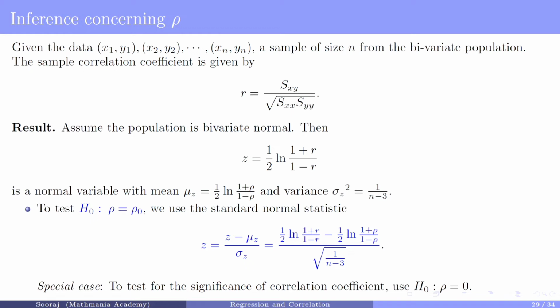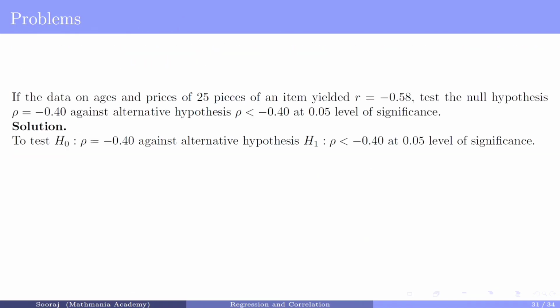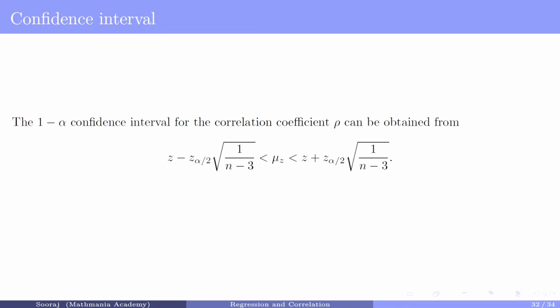We may have plus and minus, which we calculate accordingly. If it goes above this, we reject. So absolute z less than z alpha upon 2 is the region of acceptance, and from that we can deduce this. It is just a matter of simple calculations, and you will get the confidence interval from this.